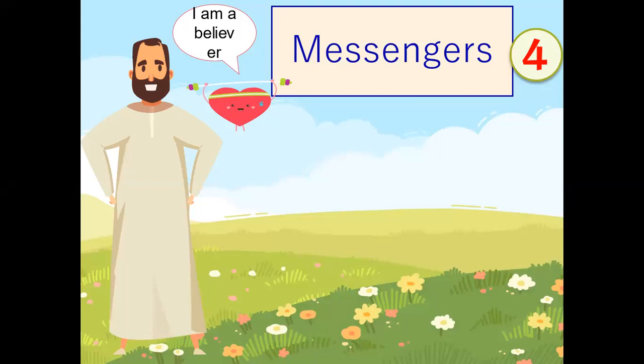We said that the 6 pillars of faith are al-iman billah, to believe in Allah, wa malaikatihi, the angels, wa kutubihi, the books, wa rusulihi, his messengers, wal yawm al-akhir, which is the hereafter or the day of judgment, wal qadar khayrihi wa sharrihi, and the predestination.